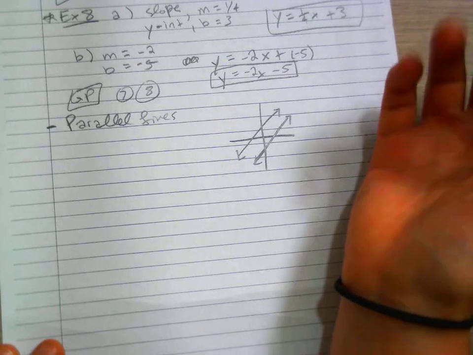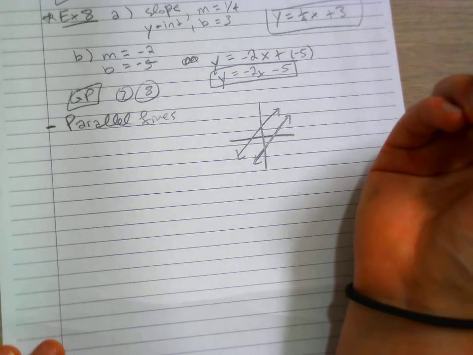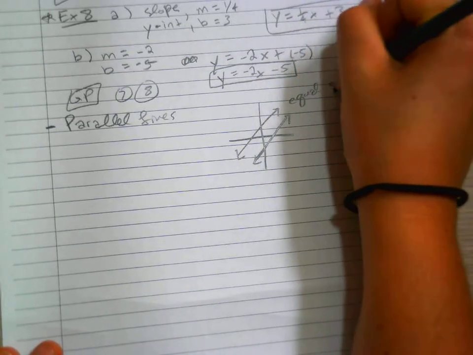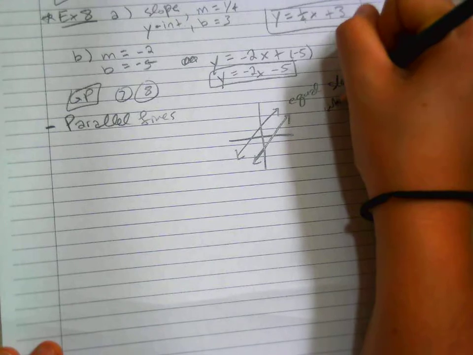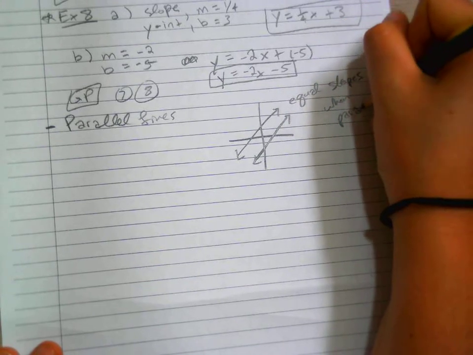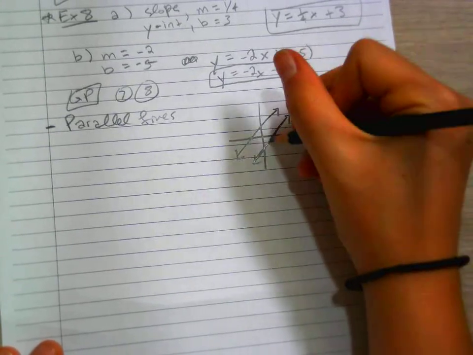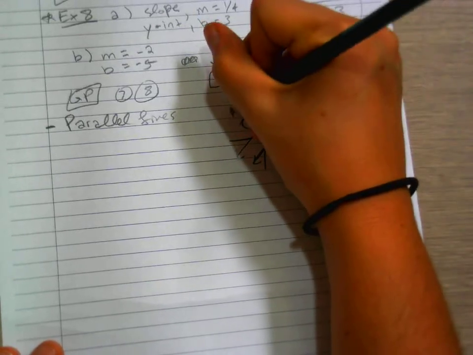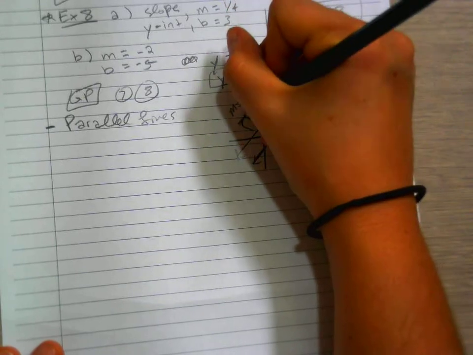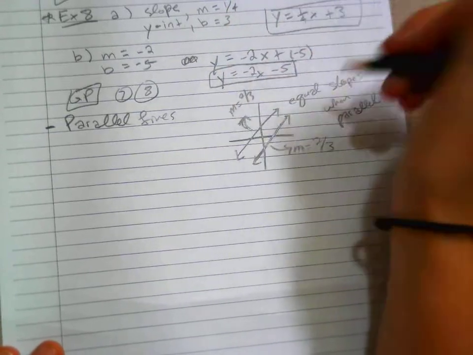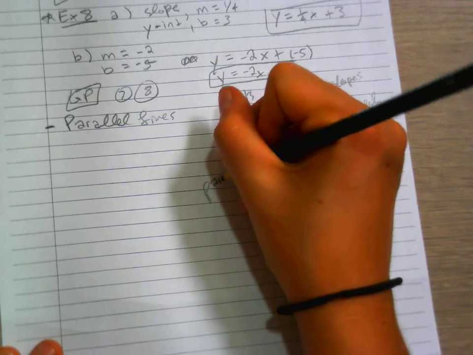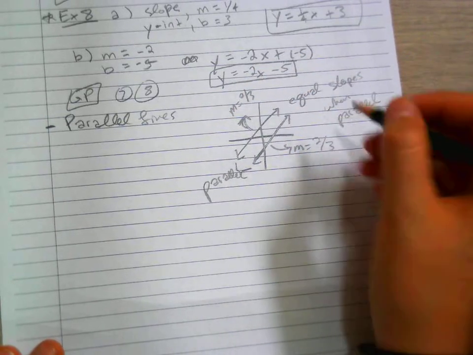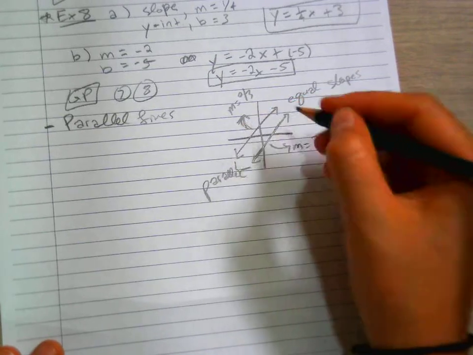Therefore, we could say that their slopes are equal. So if the slope of this one is m equals 2/3, and the slope of this one is m equals 2/3, we know that they're parallel. So these two lines are parallel.